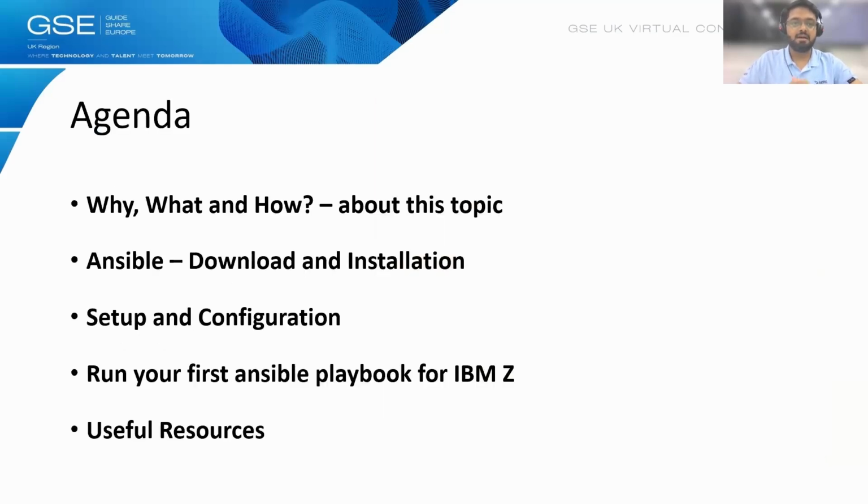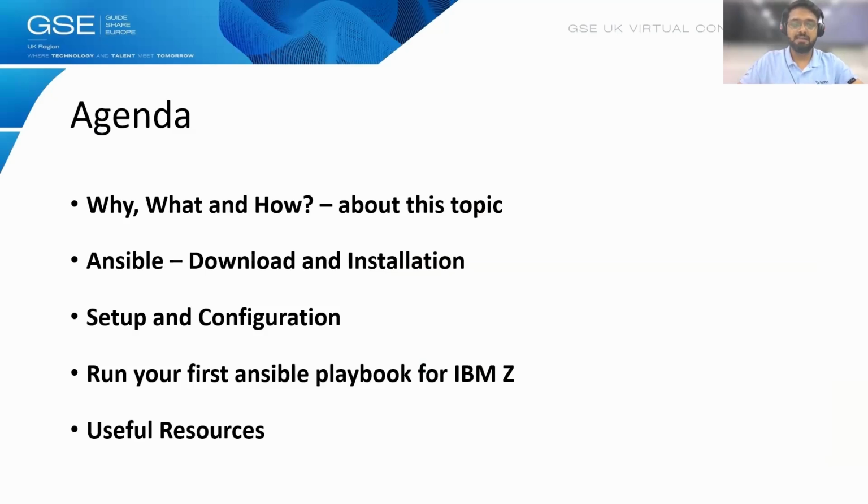So let's start. The agenda for this session is why, what, and how about this topic. I will tell a small story about how I started with this automation and why I think that it will be useful for you as well. Then we'll have a few step-by-step slides to give you some highlights about how to download and install Ansible.